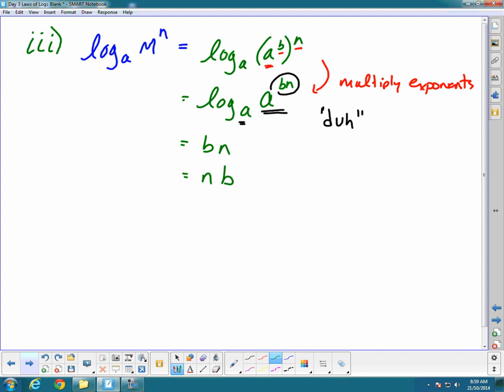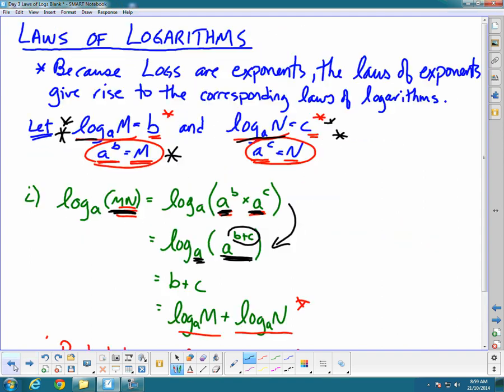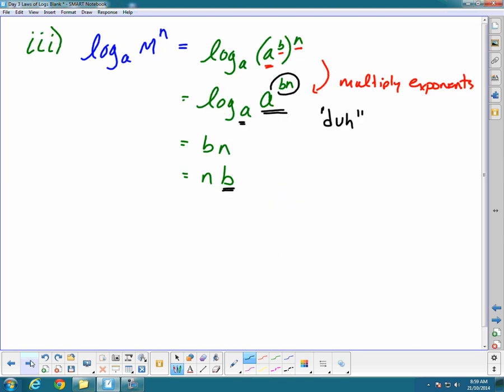The only reason I'm doing that is so that I can resubstitute for b. Going back to my original statement, for the third time, I'm replacing b with this logarithm, log m base a. So this becomes n log m base a.